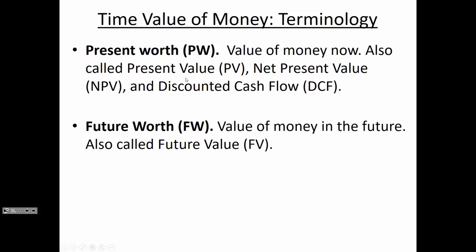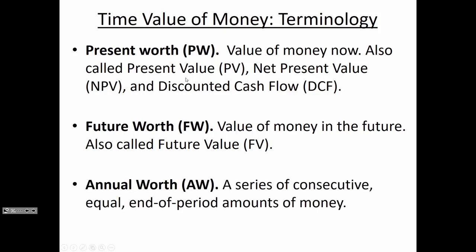So present worth has a couple of different synonyms. So does future worth. Sometimes we call that future value instead of future worth. Now, annual worth is what we're going to call when there is a series of identical payments over time.